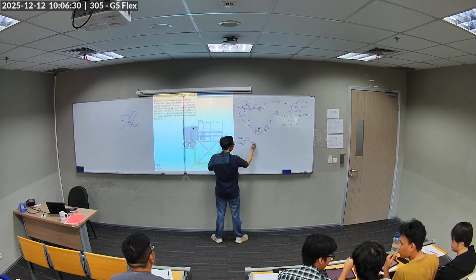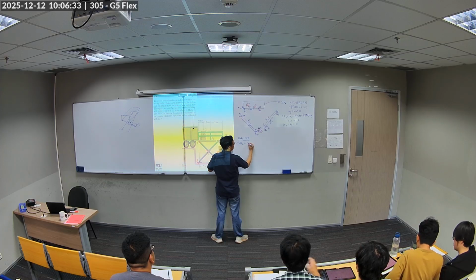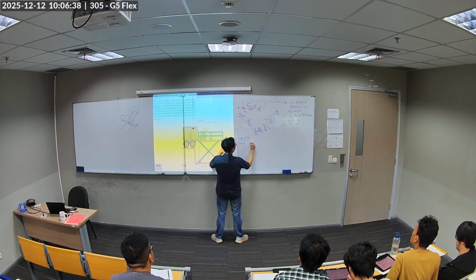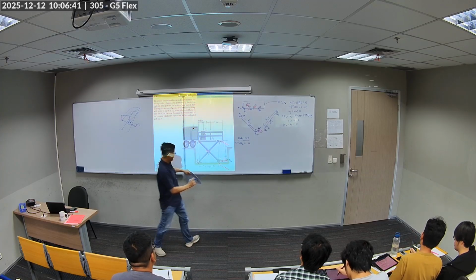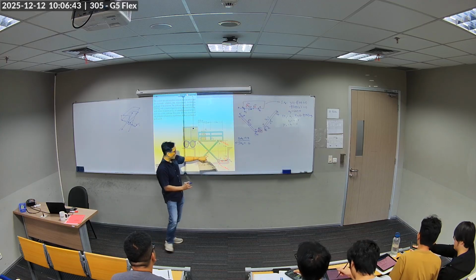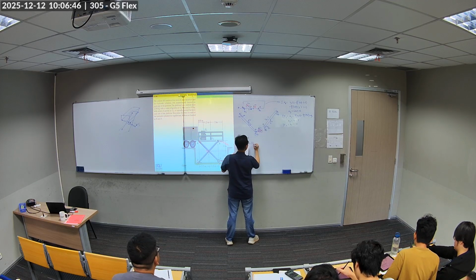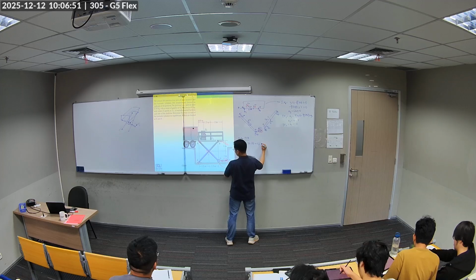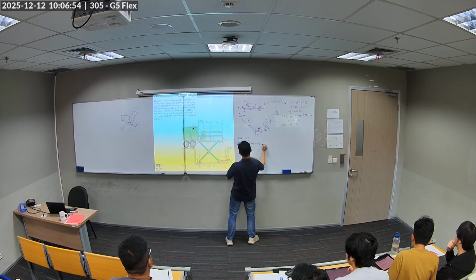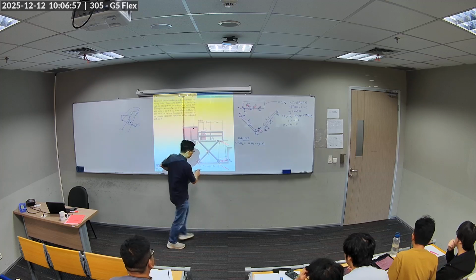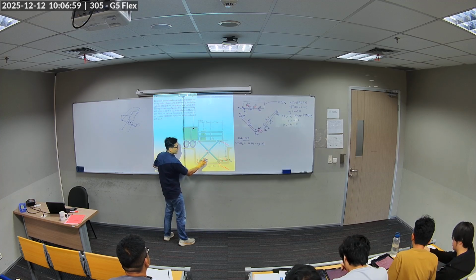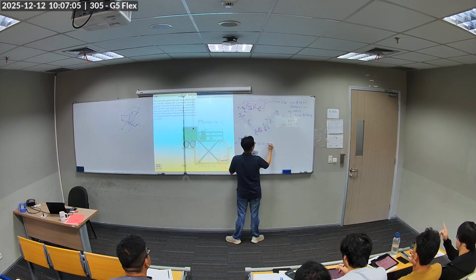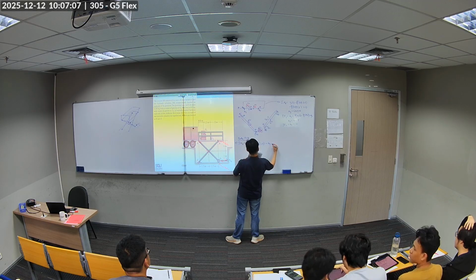Okay, so we will have Cx times 1 minus Cy times 1.5. This is the distance, it's 1 vertically. And then I have By times 3.